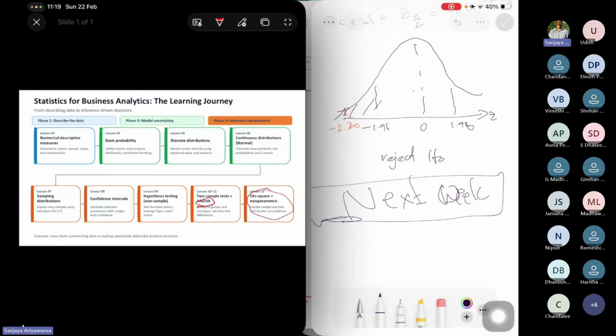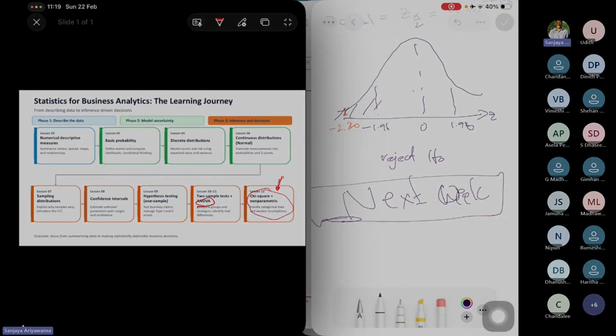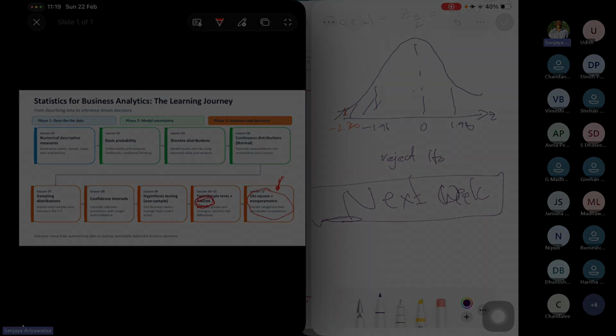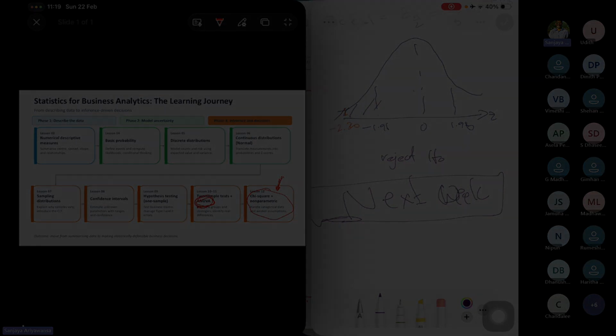Of course, this chi-square non-parametric one, I won't focus on it too much. We'll go over it just for your information, a few areas that are important. But the key part is analysis of variance, which is an extension of the two-sample test. So then we'll be done with our lessons.